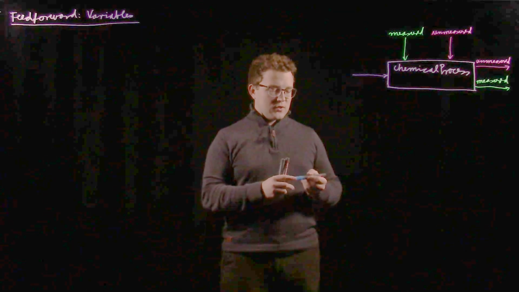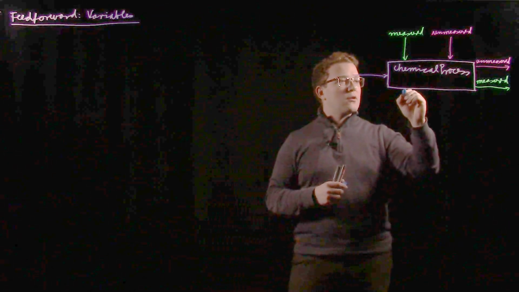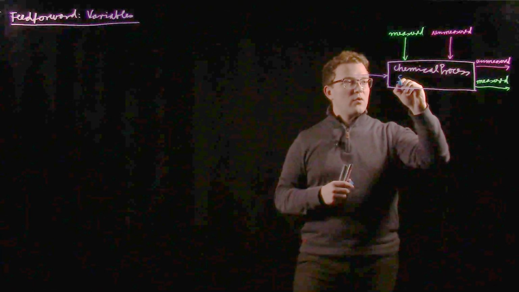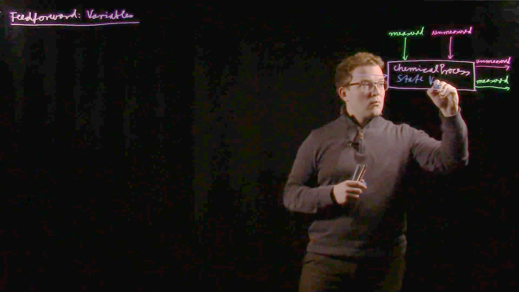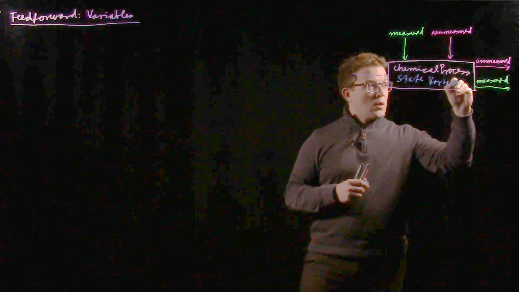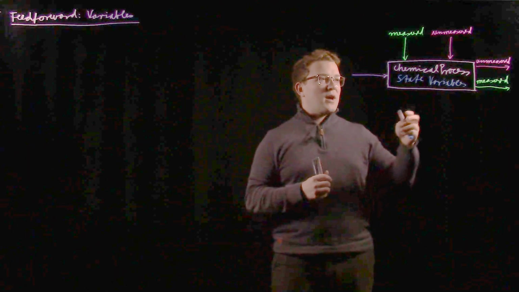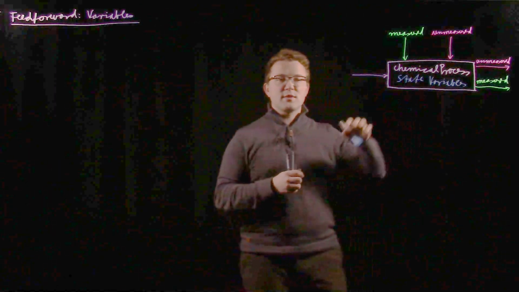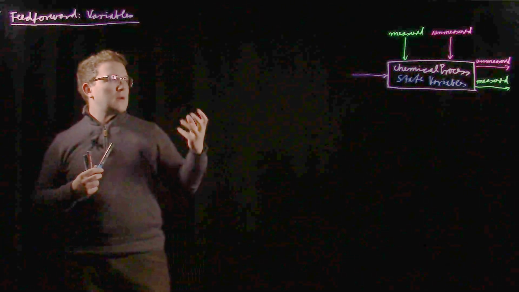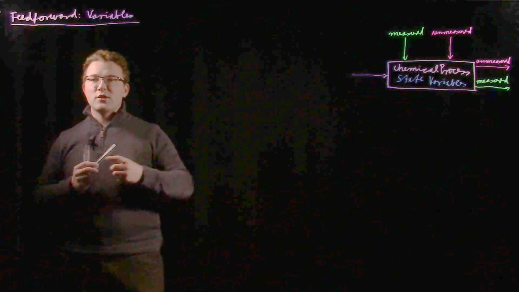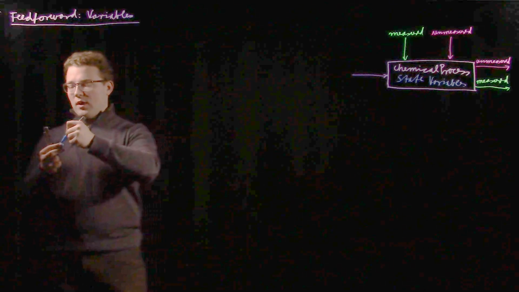And so at first we start with our chemical process, which has some kind of so-called state variables. And these state variables describe the inner workings of the system. So how the system actually behaves, or what the actual state of the system is. So we can note the first type of variable.